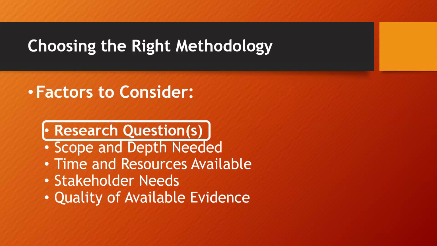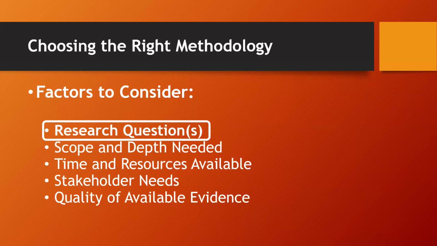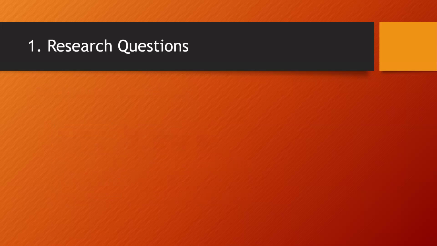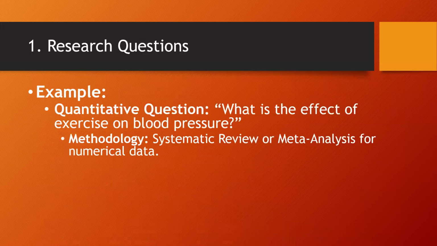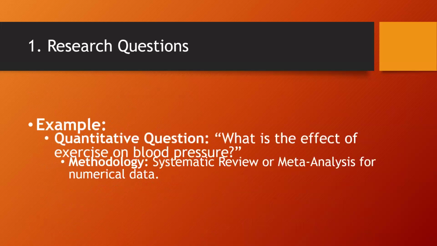On the basis of this, we can choose the right method. First of all, I will go with the research question. The research question is the core question you want to answer through your research. It determines the focus of your study and the most suitable methodology.